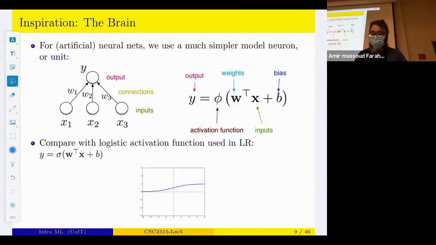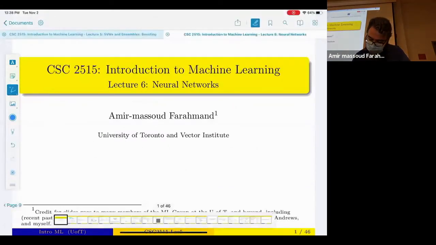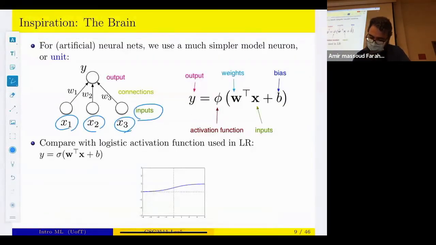The way that we formulate it is saying that we have a neuron that takes some inputs, so x1, x2, x3, so three-dimensional inputs. Each of them goes through some weighting, so it's multiplied by some weights, and then some output y would be generated.